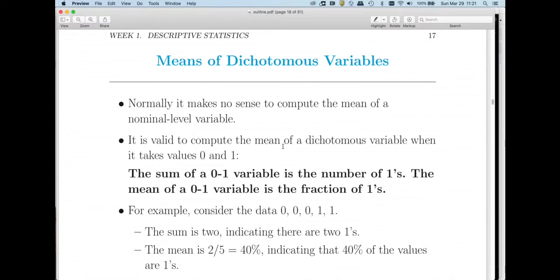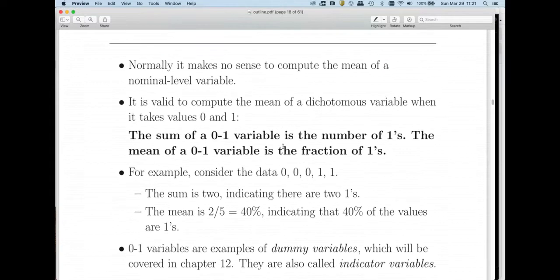And that mean has a very special interpretation, which is it's the fraction of ones. Okay, so as an example, let's say I have 5 parts, and the value 1 indicates defective, the value 0 means not defective. All right, so the first part is not defective, not defective, not defective, then I have 2 defective parts.